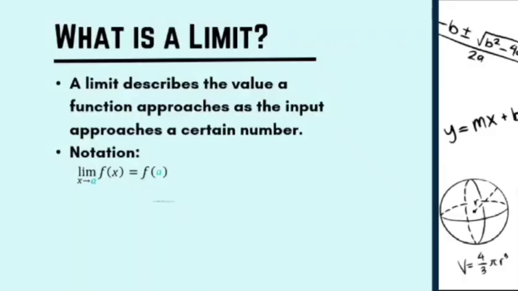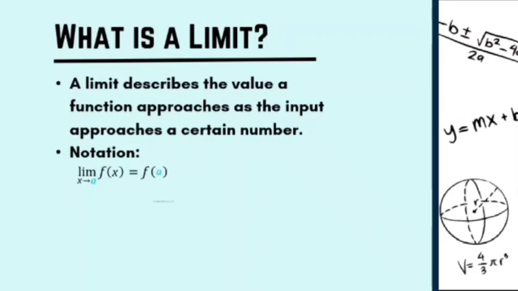So what exactly is a limit? A limit is what a function approaches as the input gets closer to a certain number. Think of it as asking what is a function trying to do as x gets really close to some value. For example, let's say we have a function f of x, and we're interested in what happens as x gets closer and closer to a number a.